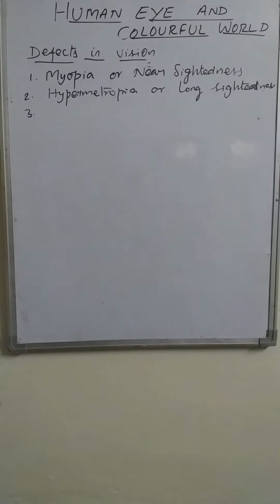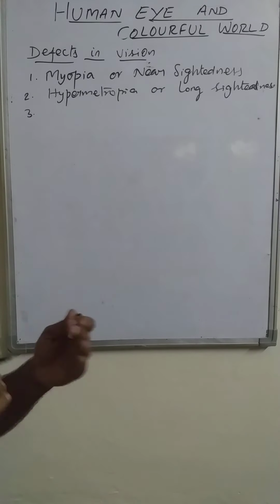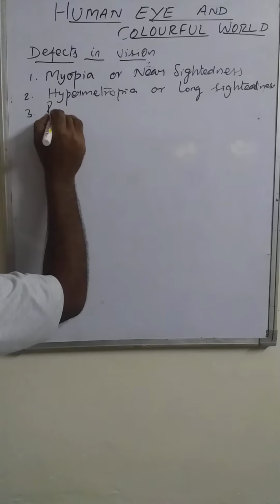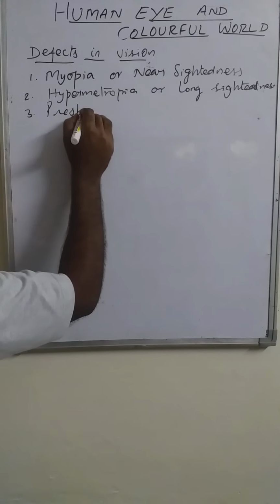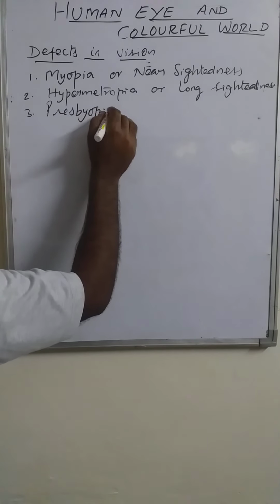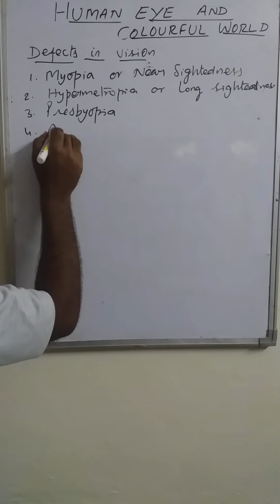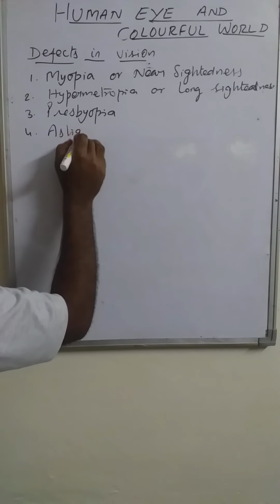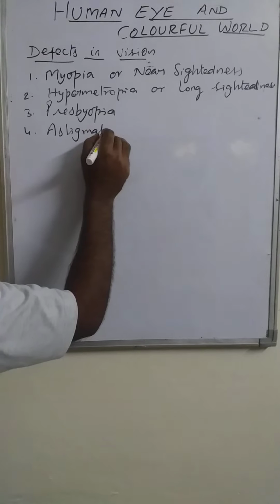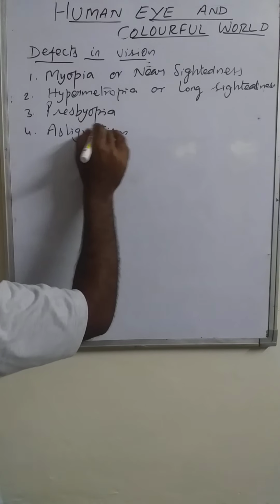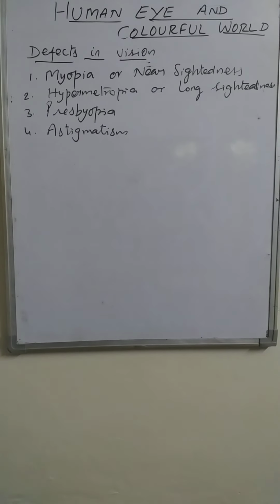The third defect that we will touch slightly is presbyopia. Also one more thing, that is astigmatism. This is also one of the defects. But the two main defects are myopia and hypermetropia.